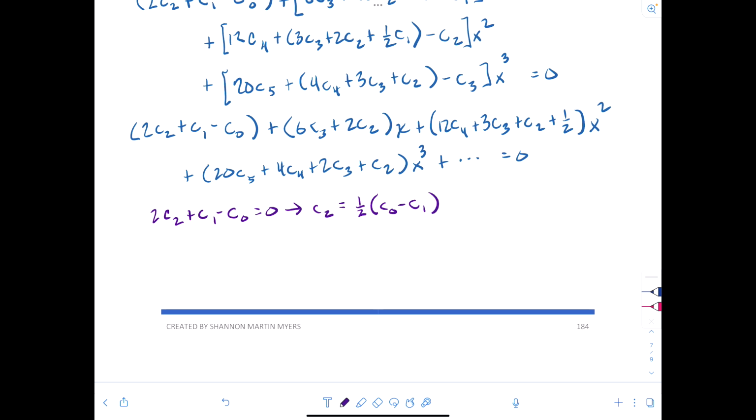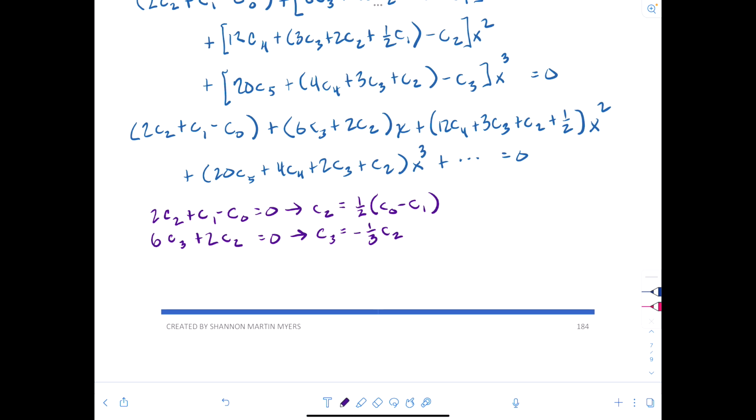Now next up, I'm going to take 6C3 plus 2C2 equal to 0. And so C3 will equal negative 1/3 times C2.